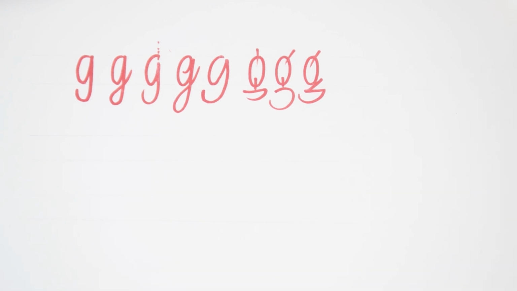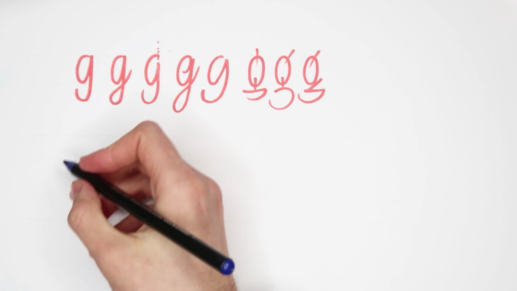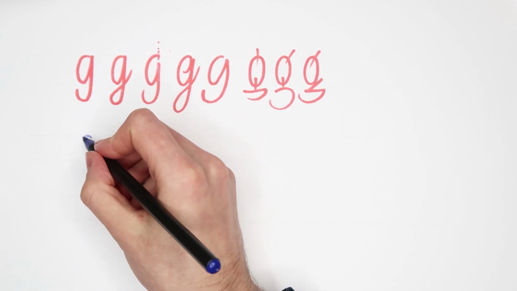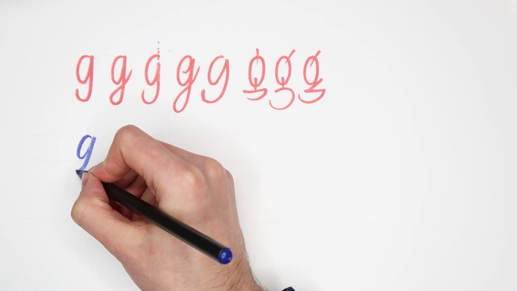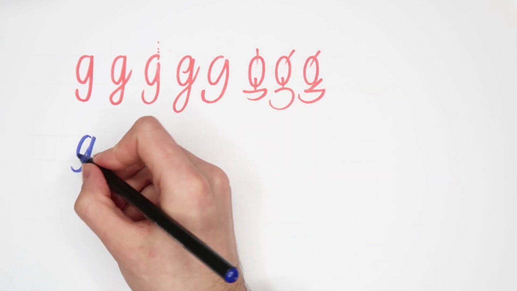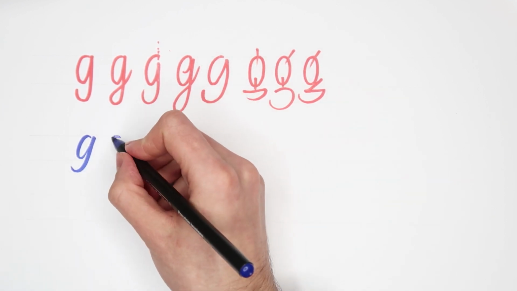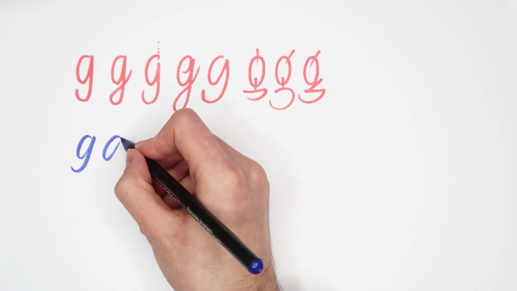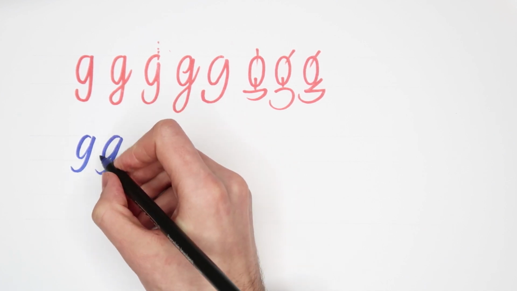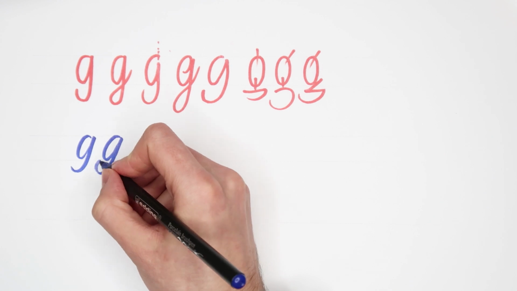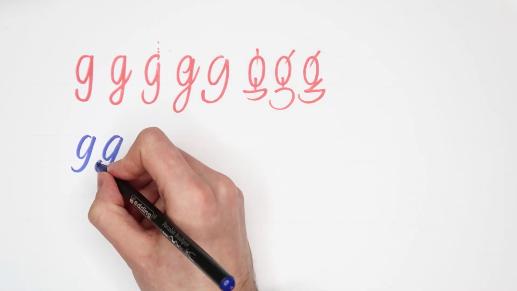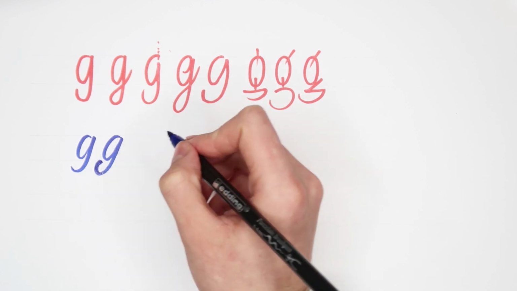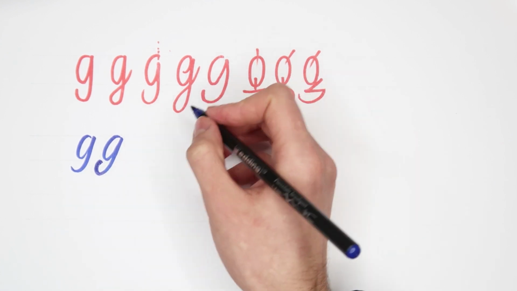And now let's try it with a brush pen. So starting like an A, going up, down, and something like this. Or you can make it look like this. So adds a little bit weight here.